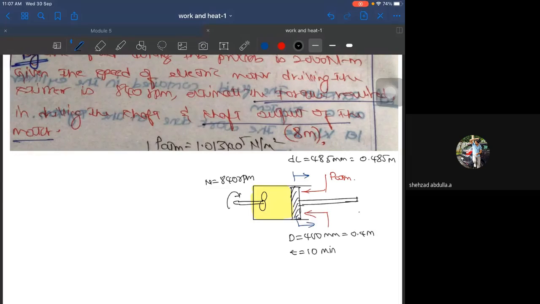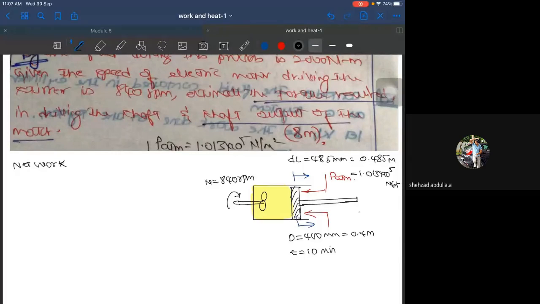Next, what else? He has given the atmospheric pressure in Newton per meter square. He has given the net work done, 2000.